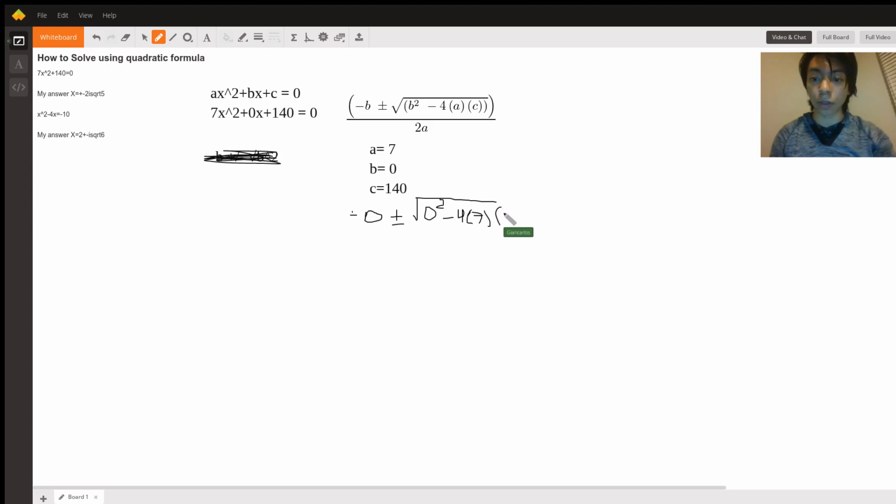So we will use our calculator to find out which number that is. And that divided by 14, because it's 2 times A, which is 14 in our case.